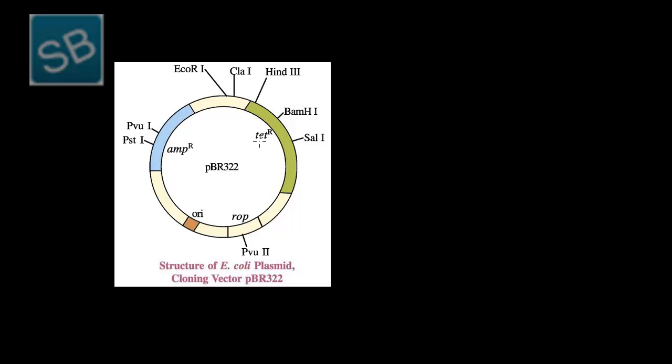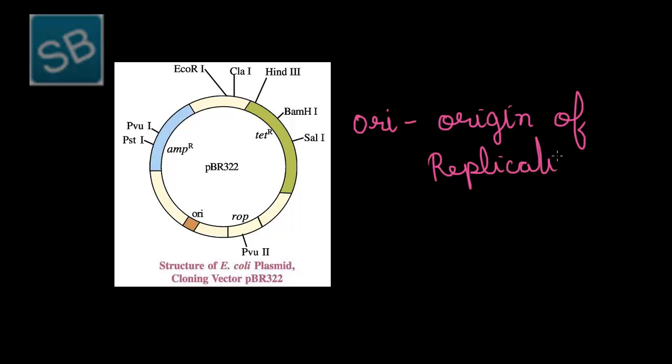Now these enzyme recognition sites are specific to the antibiotic resistance genes and accordingly they are classified. So let us first abbreviate them, where ORI represents the origin of replication, then AMPR is an antibiotic resistance gene known as ampicillin resistance.